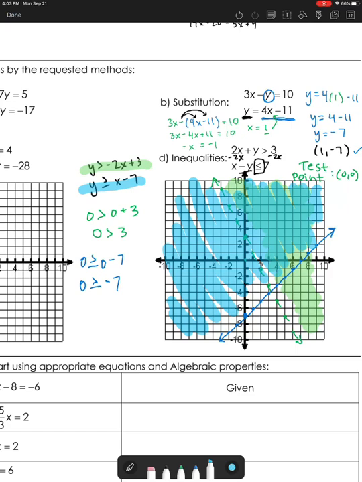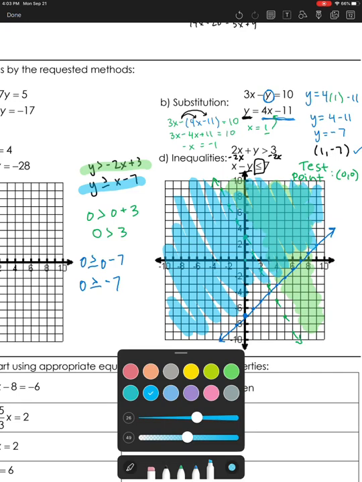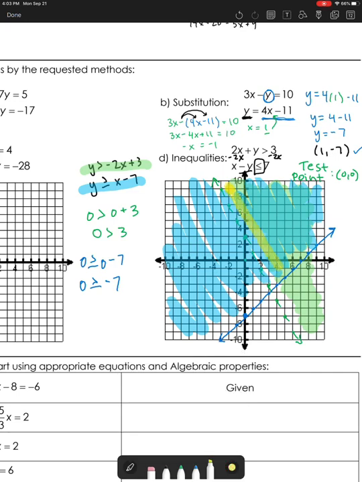So now this means that my solution and answer to this system of inequalities is the overlapped part. So that would be this section right here where it's both green and blue. That is the solution to my system.